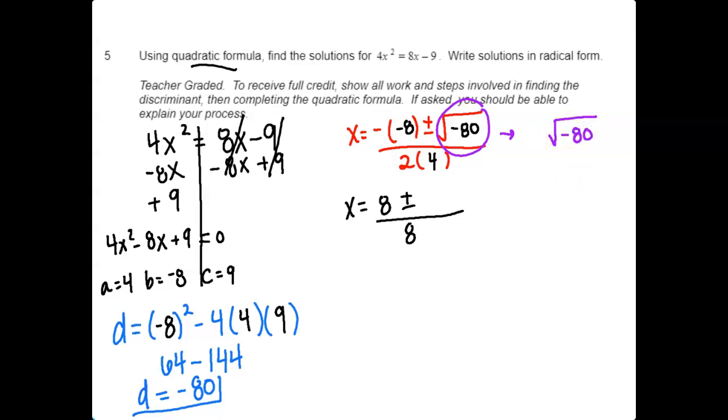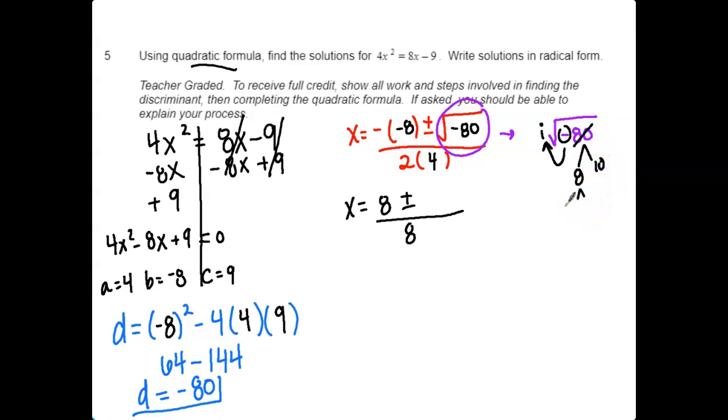Now, some of us might forget this, and this is a big thing. If there is a negative underneath, remember that we cannot take the square root of a negative number. That is going to cause an imaginary number. So it's going to be an i in front of the radical. And then let's break this down. So we can break down 80 into 8 and 10.